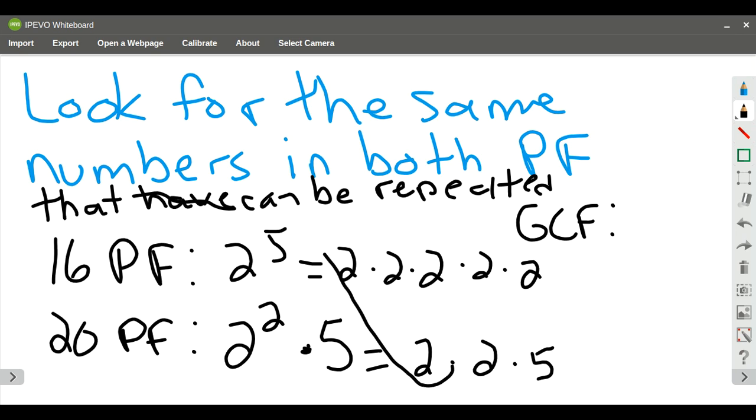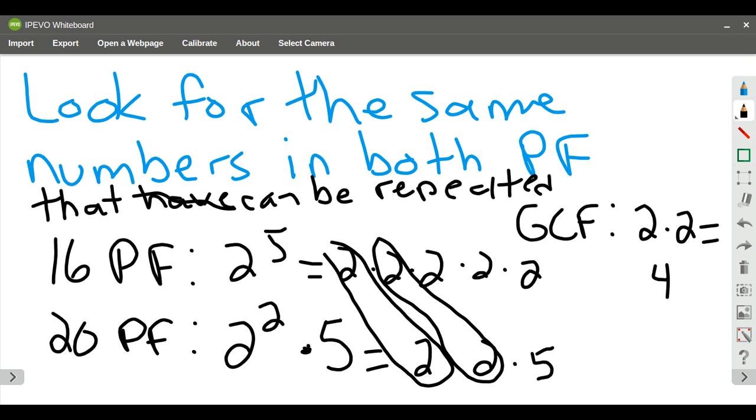Here I have a 2 times a 2, and then I also have a 2 times a 2. Those two numbers are the same in both prime factorizations. So my greatest common factor is going to be 2 times 2, which is 4.